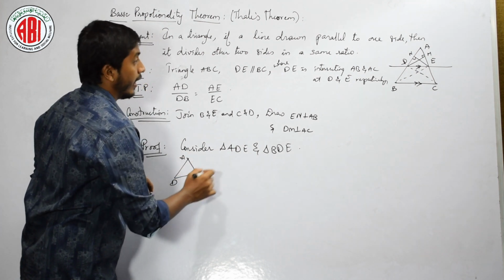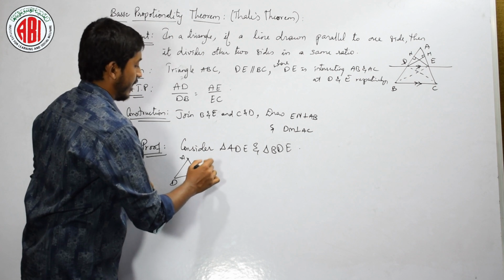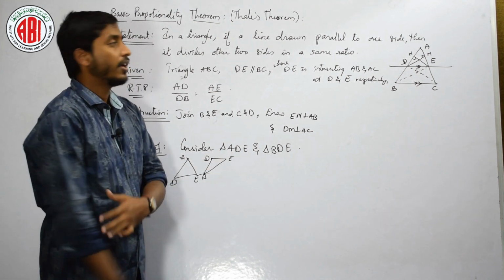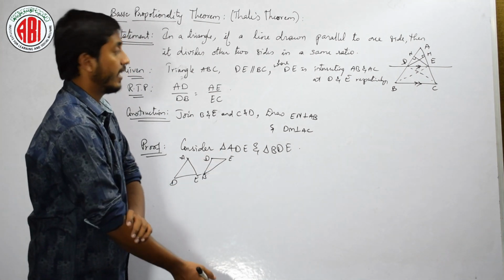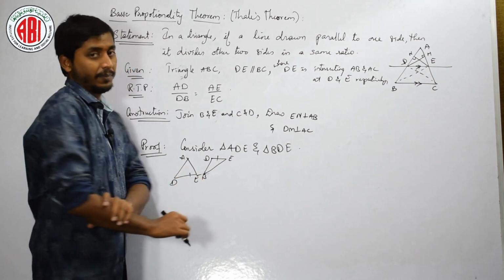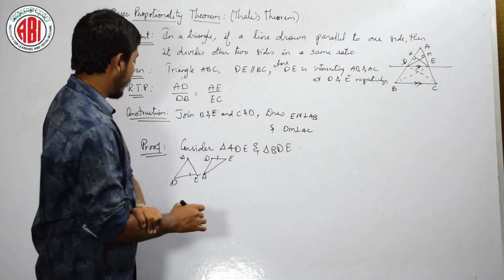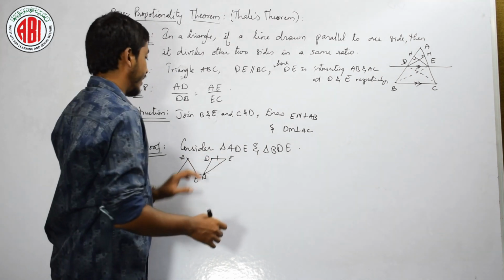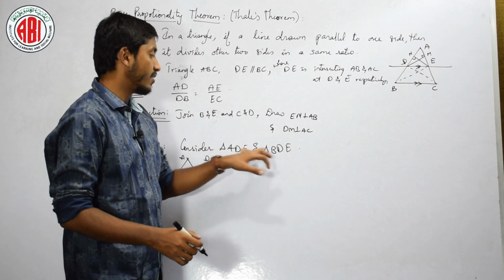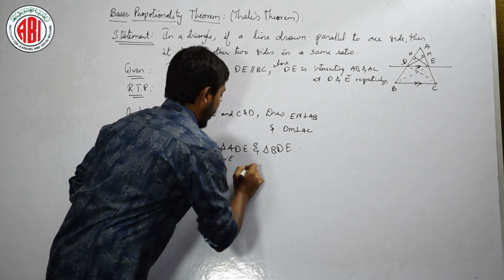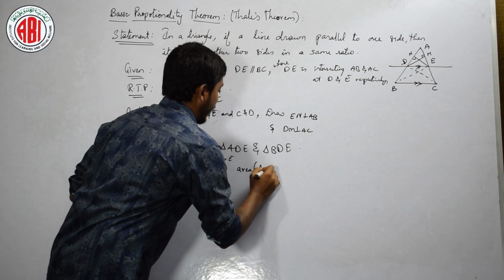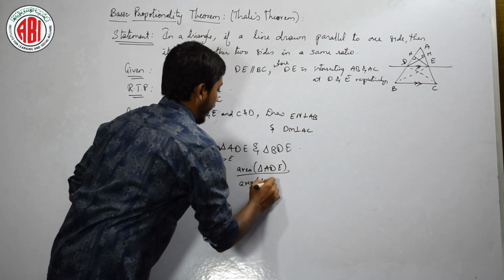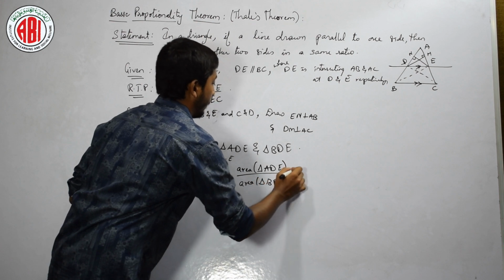If you observe here, DE is the common base, that is DE is DE. And one more thing is AD and BD. Now let us take the ratio of areas of ADE and BDE: area of triangle ADE by area of triangle BDE.